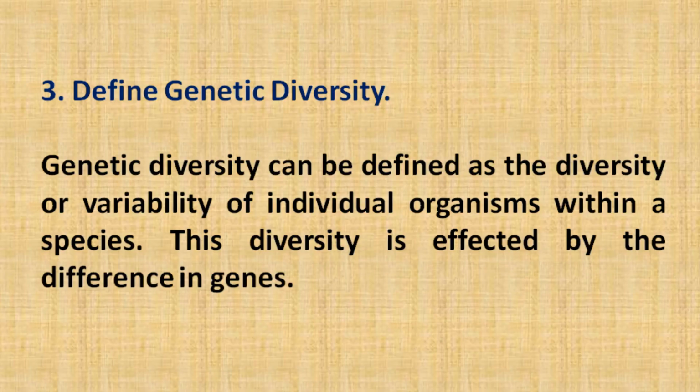The third question is, define genetic diversity. Answer: Genetic diversity can be defined as the diversity or variability of individual organisms within a species. This diversity is affected by the difference in genes.